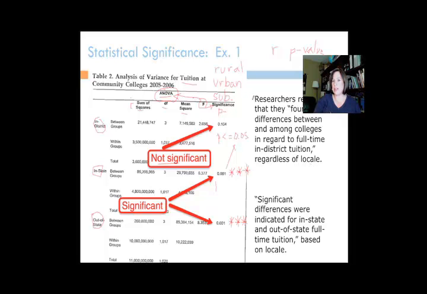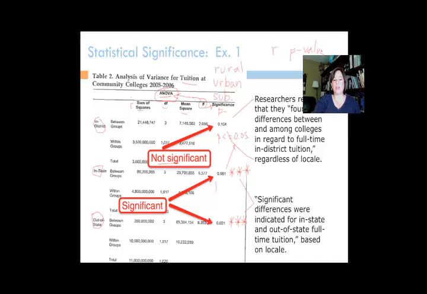That's how in the text they wrote up this result. They also said significant differences were indicated for in-state and out-of-state full-time tuition based on locale. So that's what they said for this result and this result.